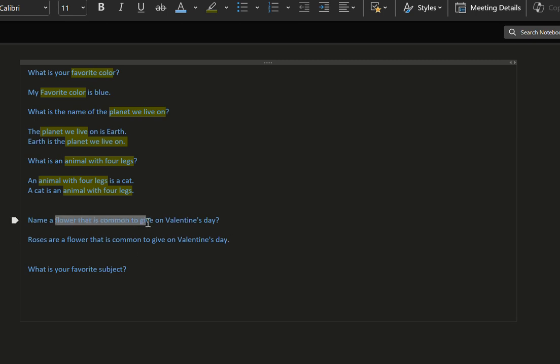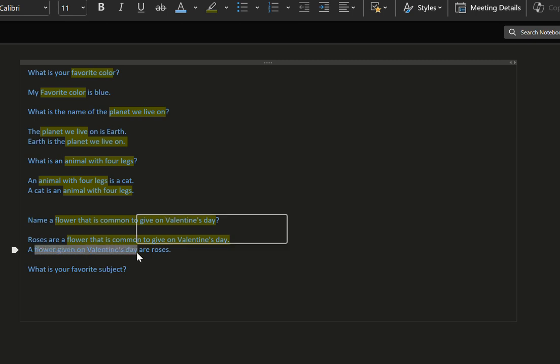So this one's very long, but the main thing here is flower common to give on Valentine's Day. And you can see this is what we have on the back of our sentence. So another shorter way you could phrase it is, a flower given on Valentine's Day are roses. And flower given on Valentine's Day is the part that is most important, so we'll put that.